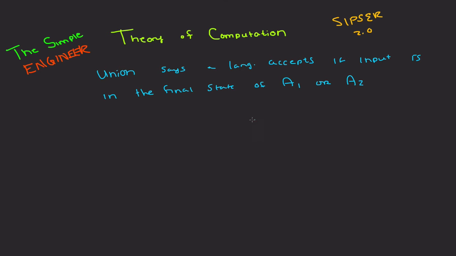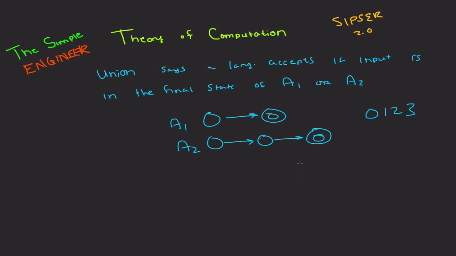So if we have a DFA, and this is A1, and we have a DFA and this is A2, and we feed in some string, say 0, 1, 2, 3, if it's accepted by A1 or it's accepted by A2, then it is a valid DFA for union. That's what this means. So we want to prove that this is true.